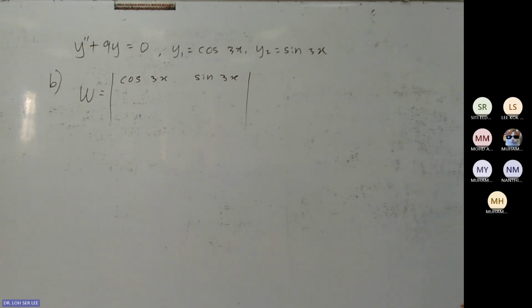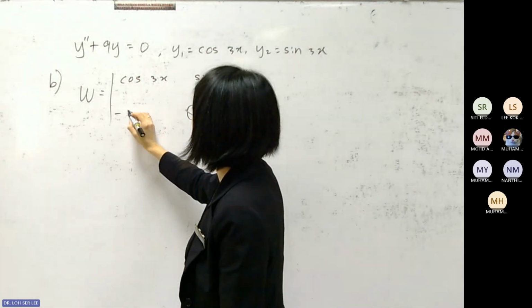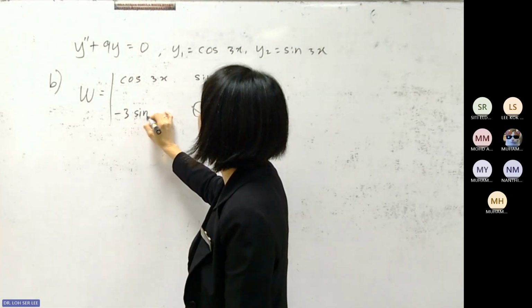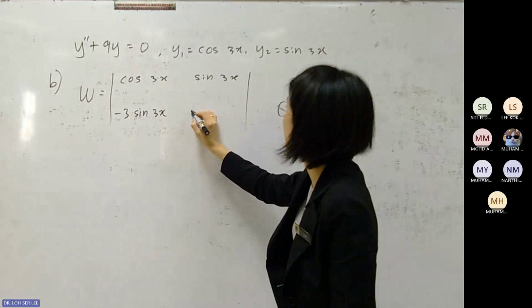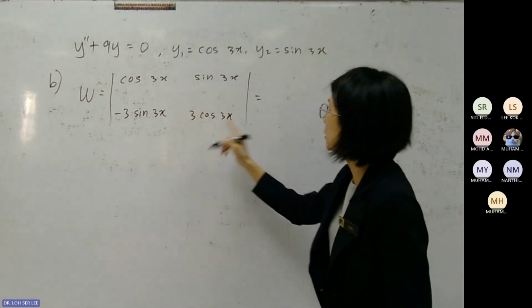Okay, so what is your Wronskian function? Differentiate cos, we get negative sine. Differentiate sine, we get positive cos.